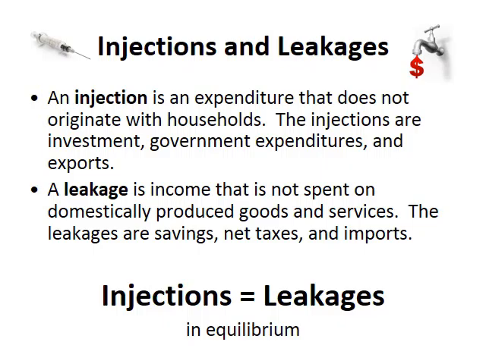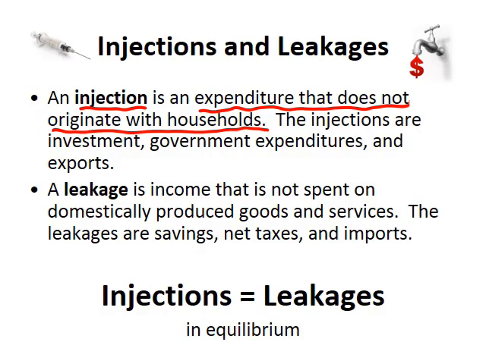Injections and leakages. We talked about this, but an injection is an expenditure that does not originate with households. The injections are investment, government expenditures, and exports. This is money that a firm receives from a party who is not households. And who could those parties be?